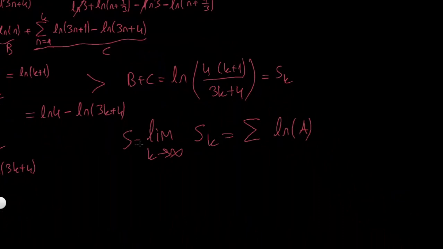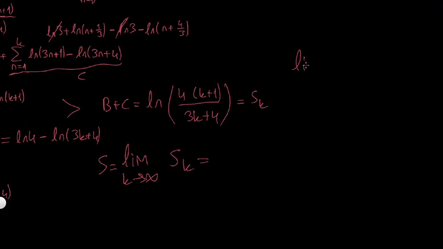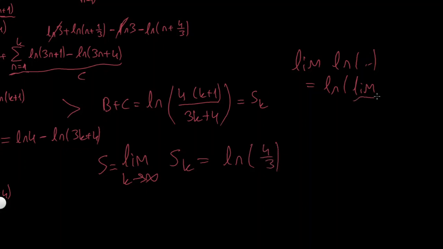So S is the limit as k goes to infinity of S_k. If I take this limit, ln is a continuous function, so the limit of ln of something is equal to ln of the limit of something. Therefore, it's just going to be the limit of this thing, 4k over 3k, which is 4 over 3.